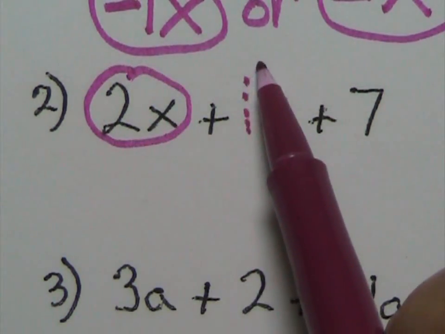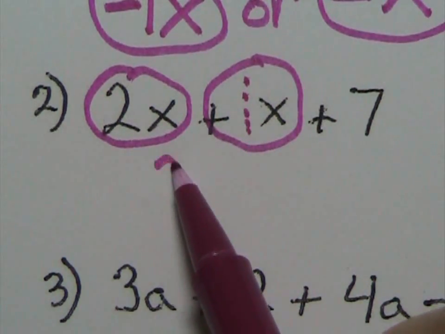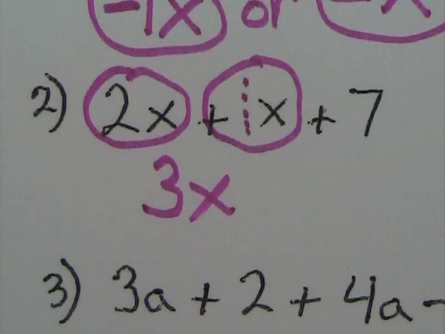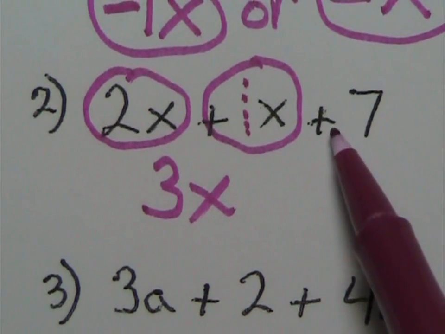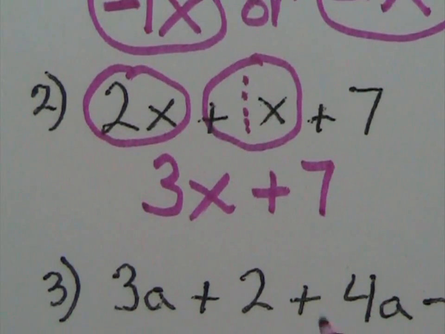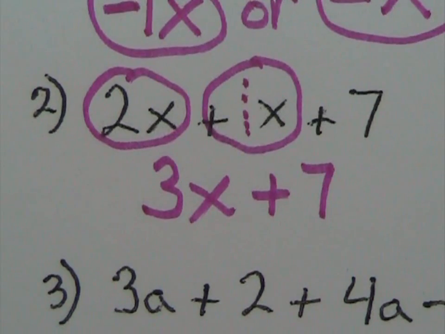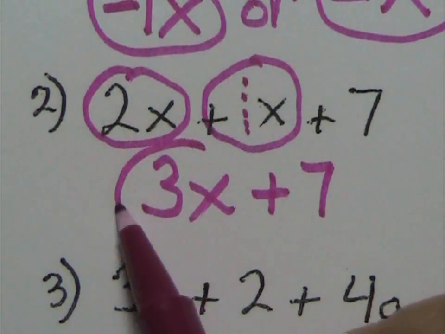So 2x and a positive 1x. 2x and 1x makes 3x. And then I have a constant here of just plus 7. And that is our answer. I cannot combine these because these are not like terms.